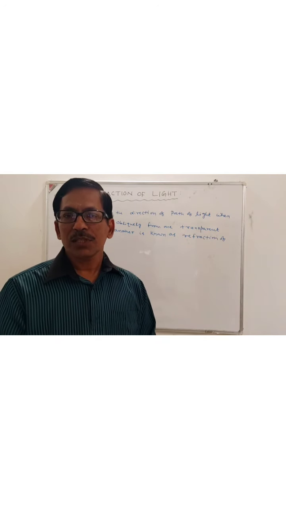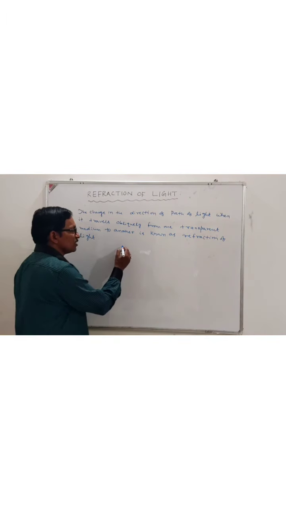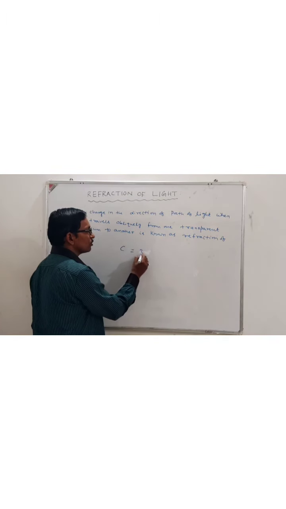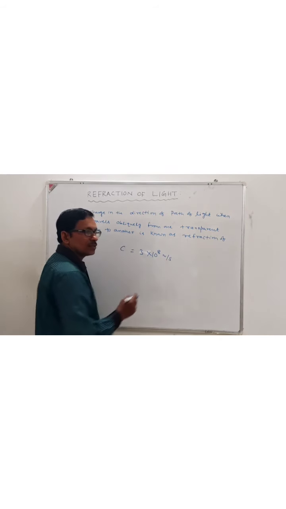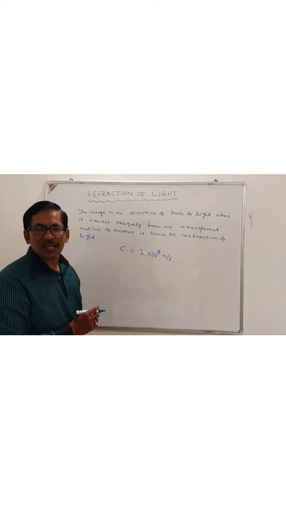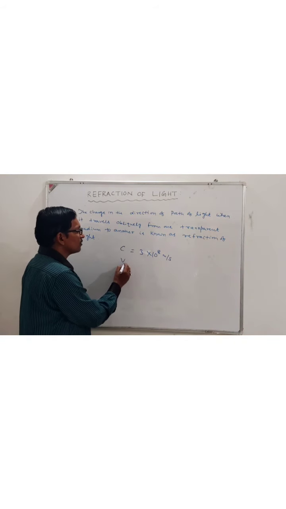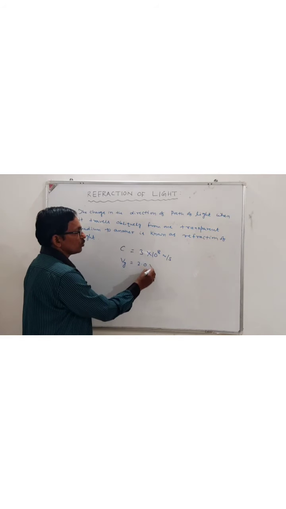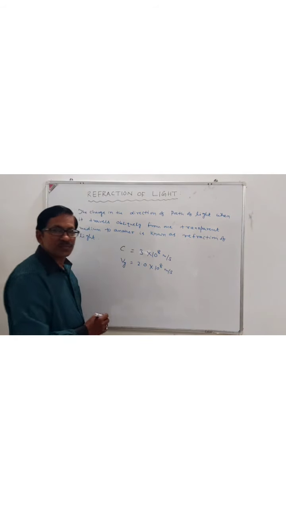The speed of light in air or vacuum is represented by the symbol c. c is equal to 3 × 10^8 meter per second. This is the speed of light in air or vacuum. The speed of light in glass is approximately 2.0 × 10^8 meter per second.